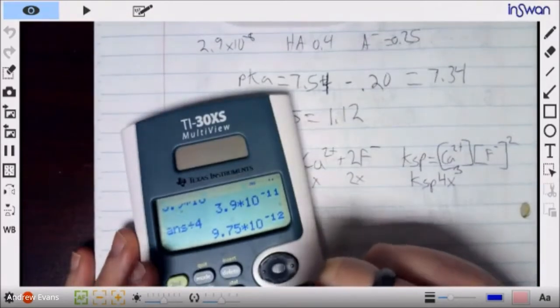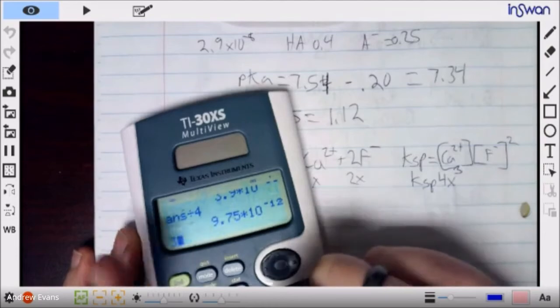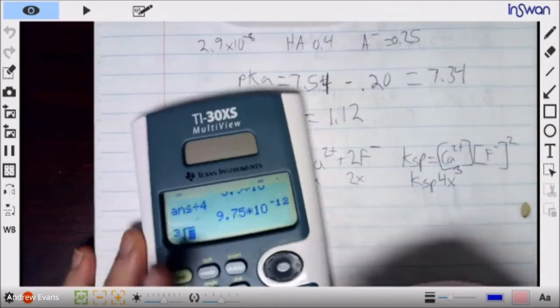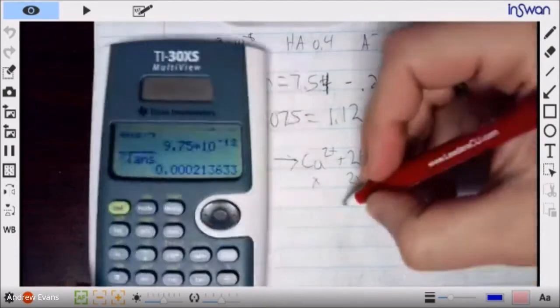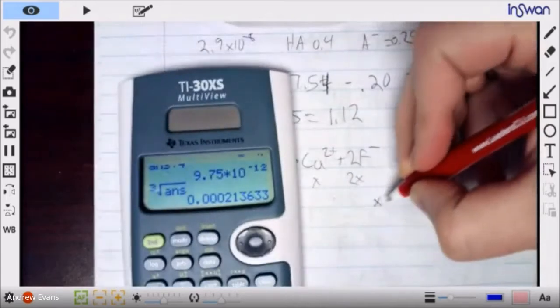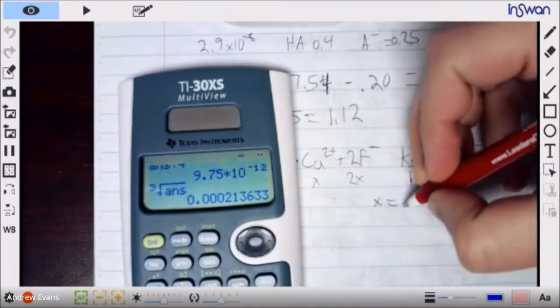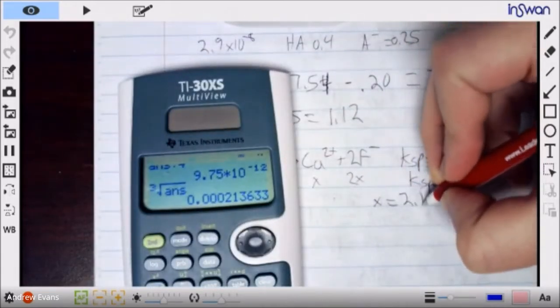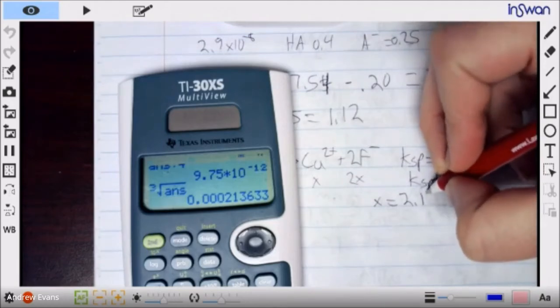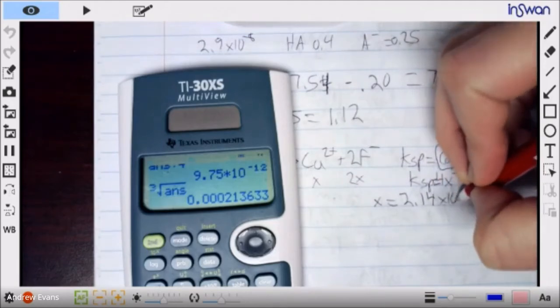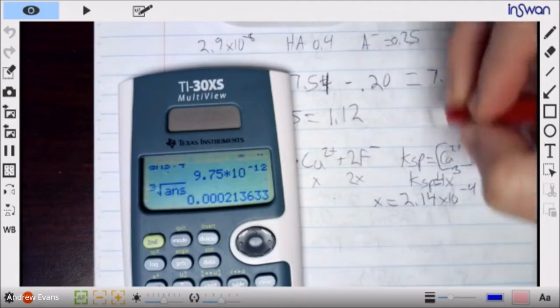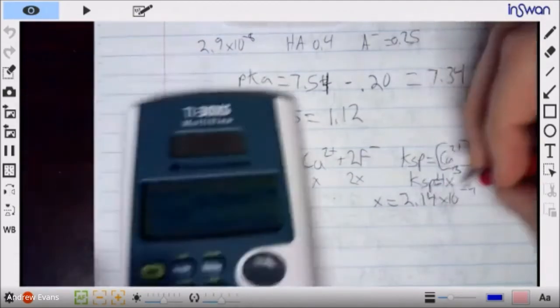So cube root of that, you get x. X is equal to 2.14 times 10 to the negative 4th. But our answer is not this. Our answer is double that.